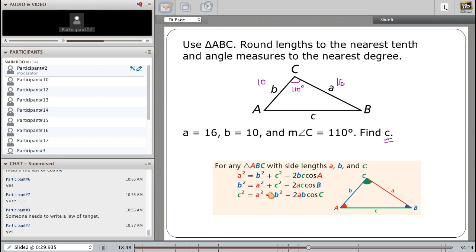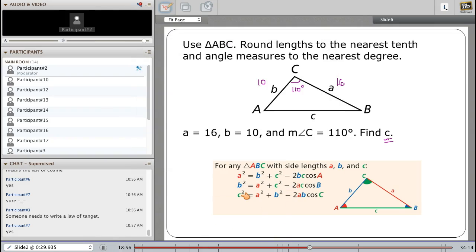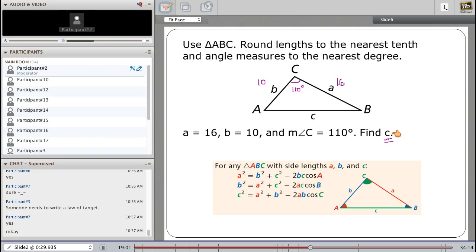So in this case, we want to use the last formula. The other situation that you might encounter is you might be looking for an angle. If you're looking for an angle, then you're going to want to use the formula that has the angle you're looking for. So if we were looking for angle A, we'd want to use the first formula. If we were looking for angle B, we'd have to use the second formula. So that's going to determine which formula you use.